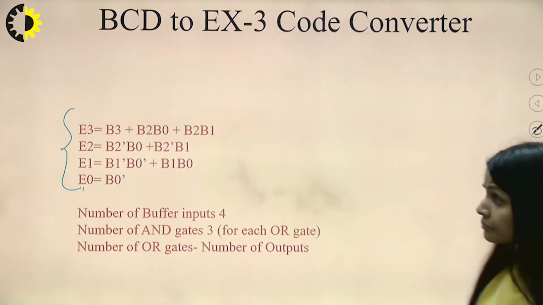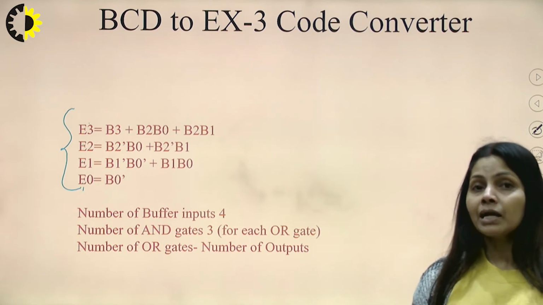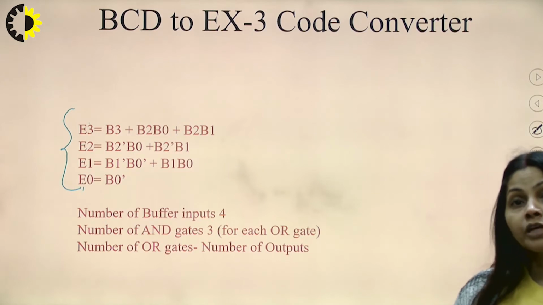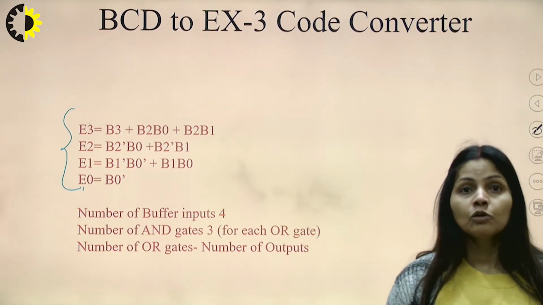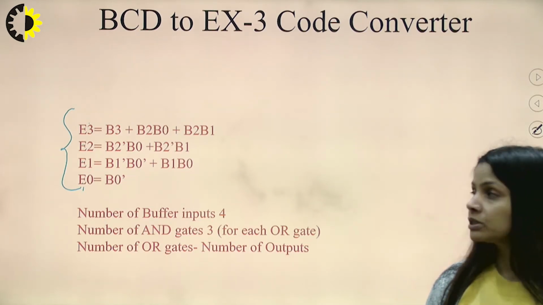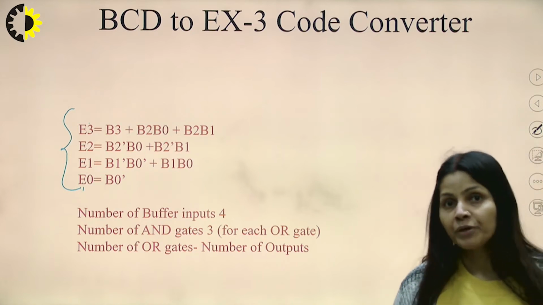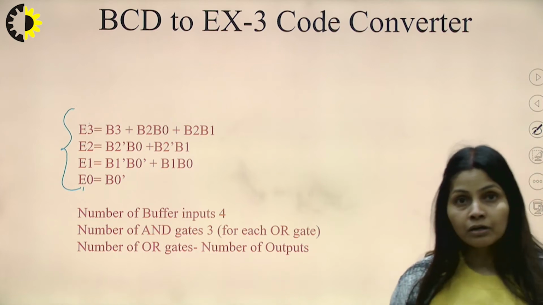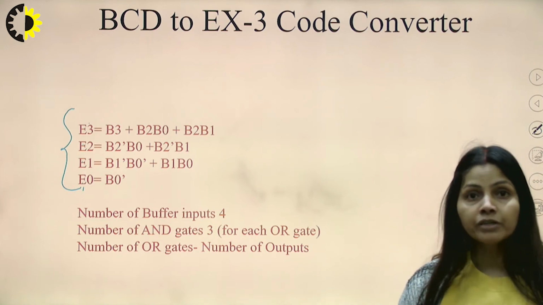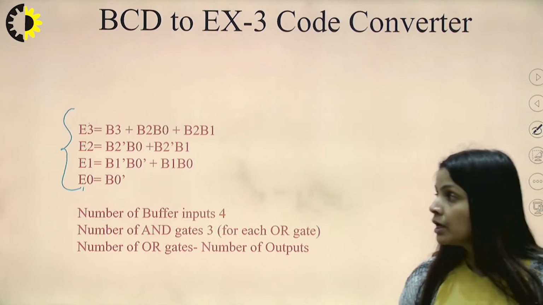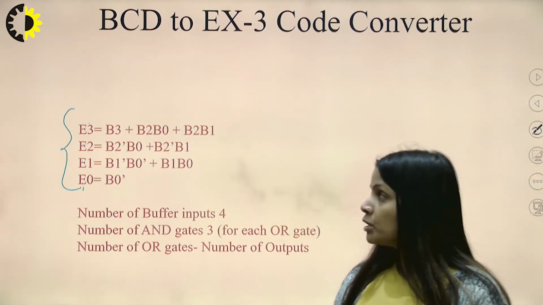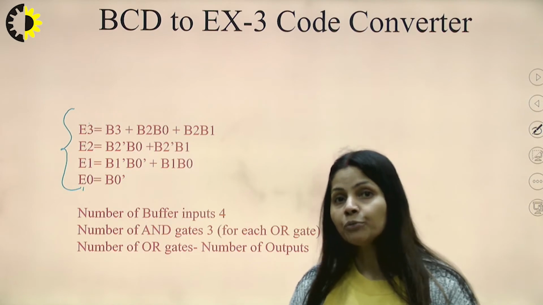Now, for making the PAL configuration, we decide the number of inputs first. So what is the number of buffer inputs? As we have seen in the case of PLA, the number of inputs was equal to the number of input buffers. So here also we will be using the number of buffer inputs as 4, because there are 4 inputs, B0, B1, B2 and B3.